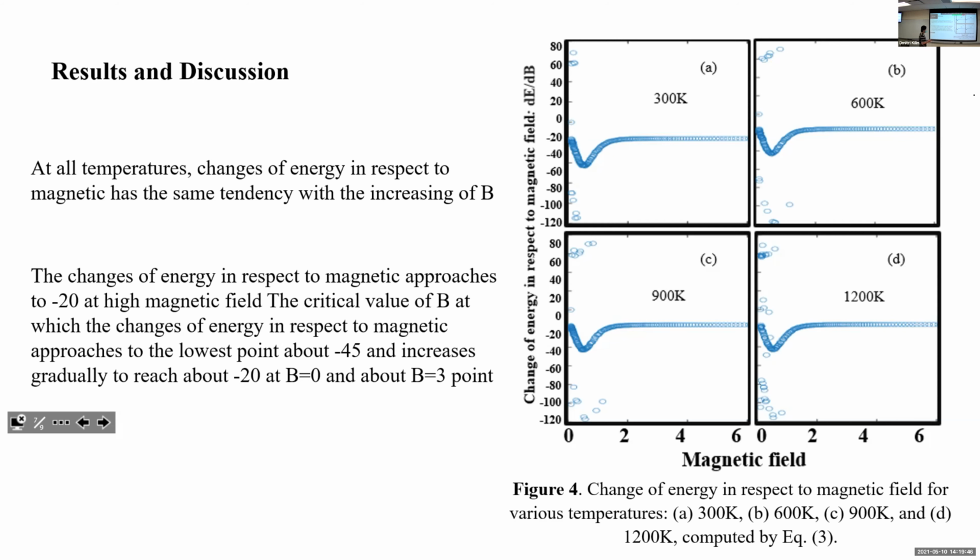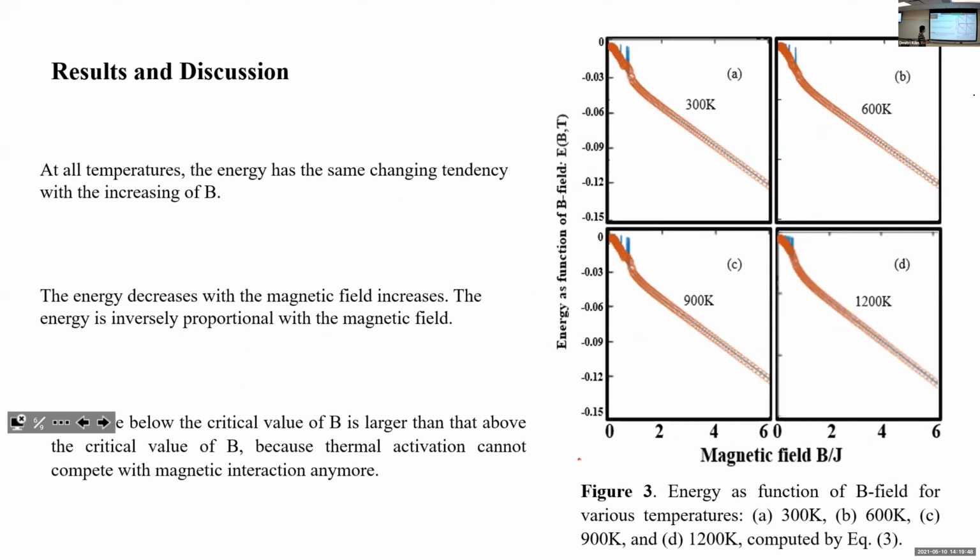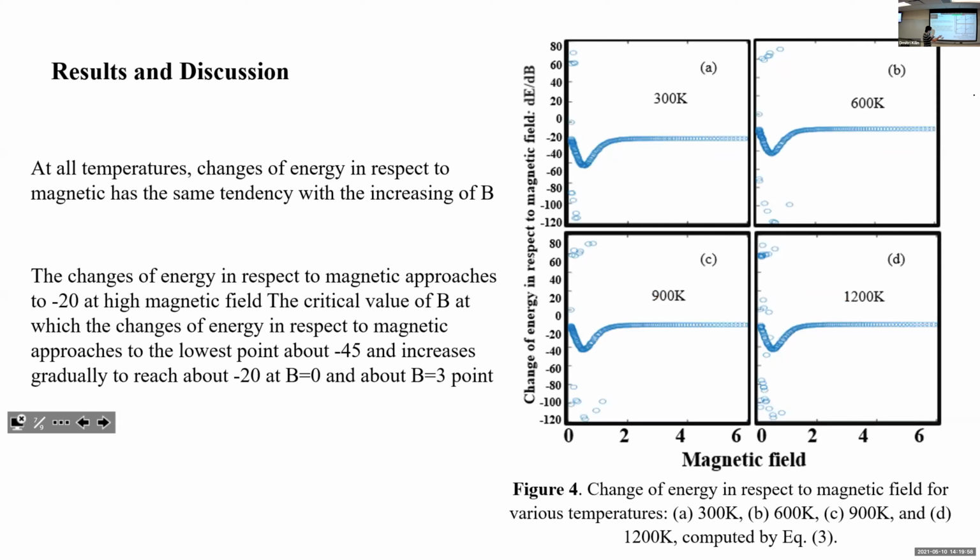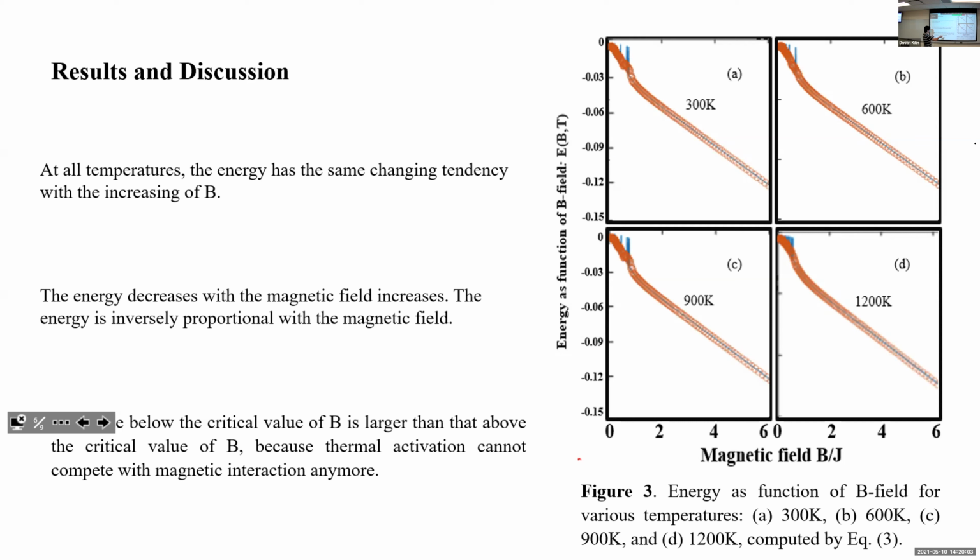It is a constant, not zero. Why? Because we can see this is from the third figure, the slope. The slope is exactly the figure 4, and we can see in higher temperature, in the higher magnetic field, the slope here is about -20, and we can see the slope here is larger than this one.